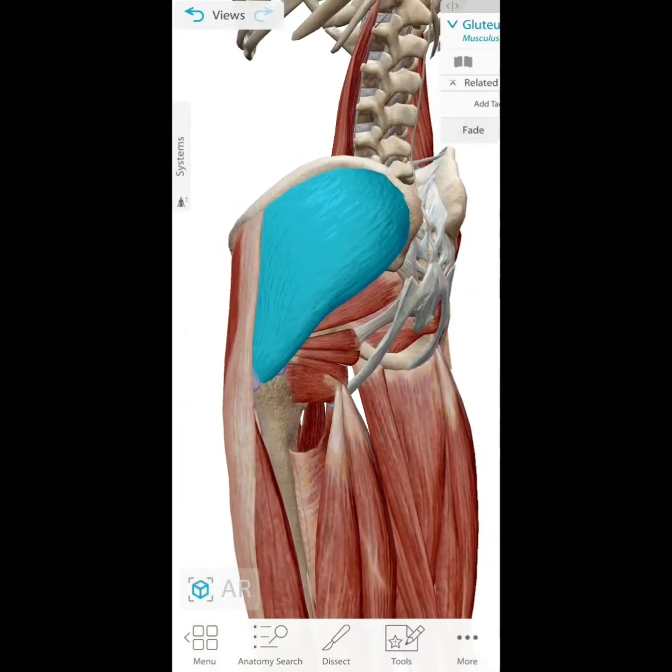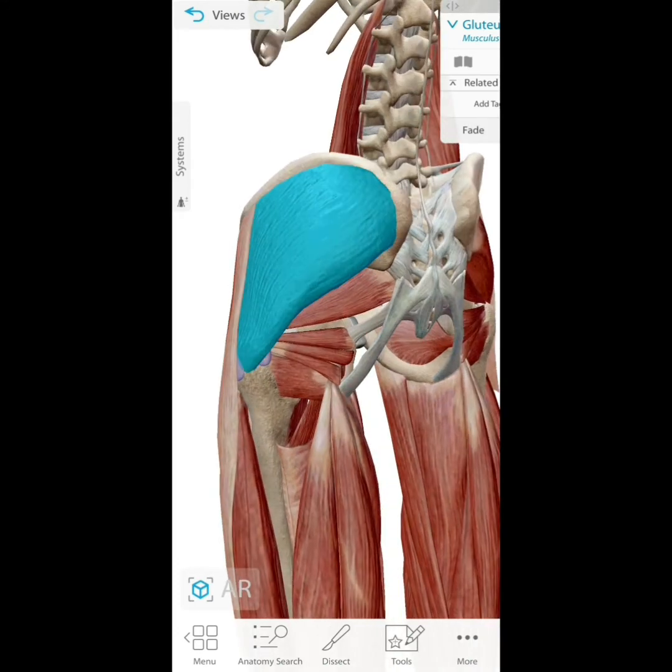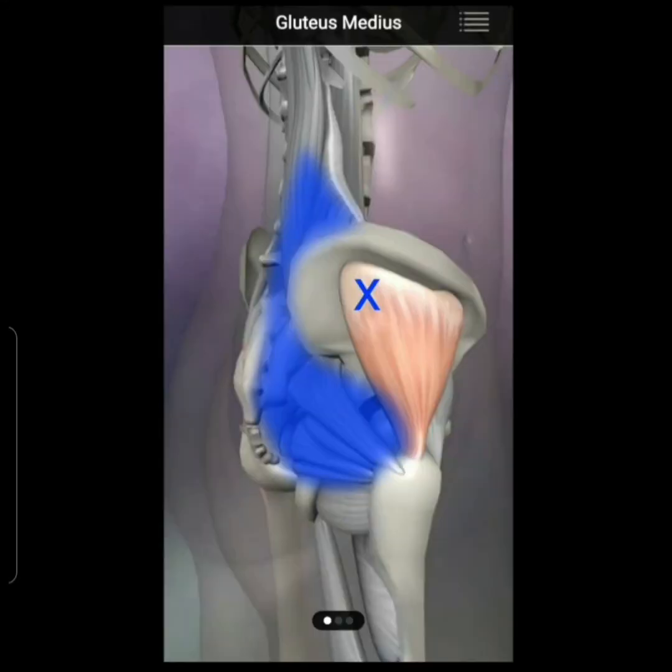And as the name suggests, gluteus medius in size is between gluteus maximus and gluteus minimus. There are three main predictable trigger points in gluteus medius, which are conveniently located at the anterior, middle and posterior aspects of the superior fibres just below the pelvic rim.